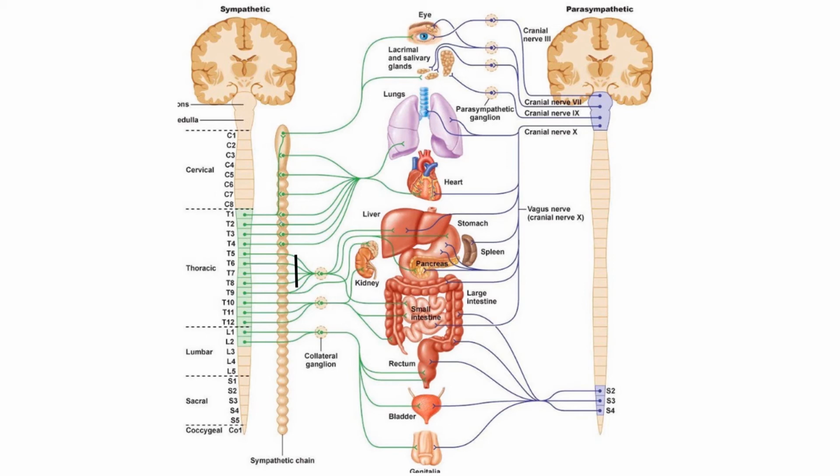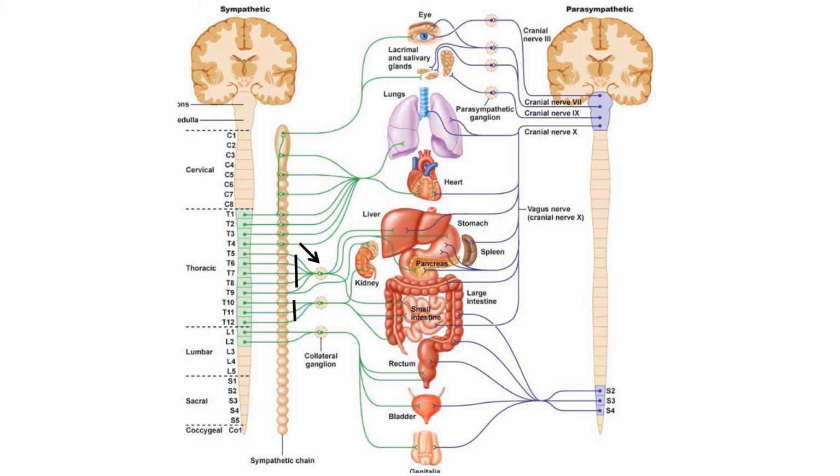And T5, 6, 7, 8, and 9 make the arrangement of splanchnic nerves. And this is the greater splanchnic nerve, which is going to end up in the celiac ganglion.